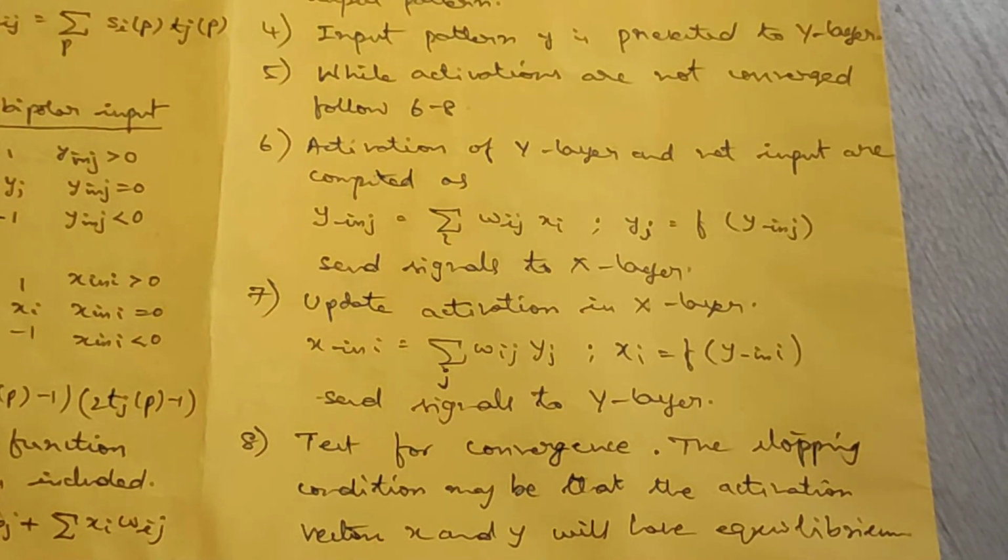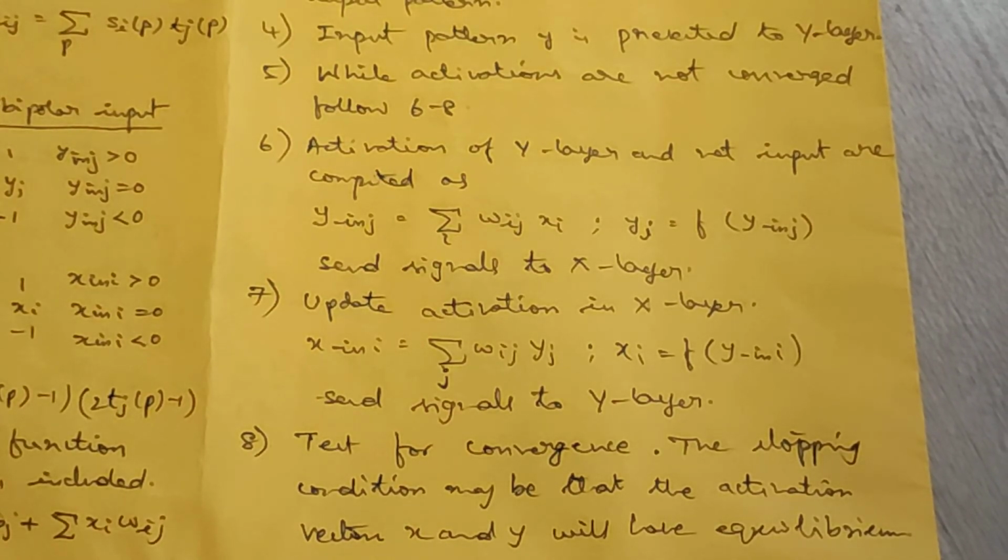The input vector has been given to the X layer and the output vector has been given to the Y layer. Those two are obviously not equal because of the heterogeneous associative memory. Bidirectional associative memory is one type of heterogeneous associative memory. As those two are not equal, we proceed like this: take the input from X and go ahead up to Y, and see if at the end of Y it is equal to the target vector.